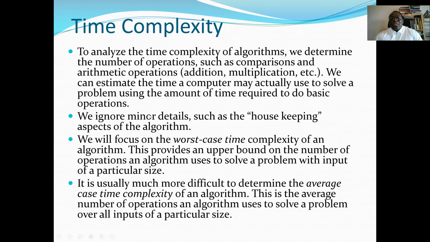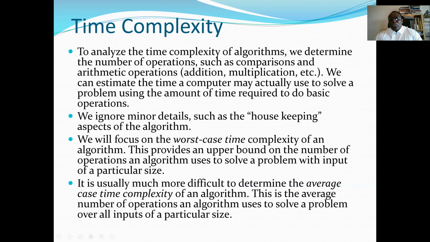So here we can estimate the time a computer may actually use to solve a problem using the amount of time required to do the basic operations. As we said earlier, we are going to ignore the minor details, such as the housekeeping aspect of the algorithm.